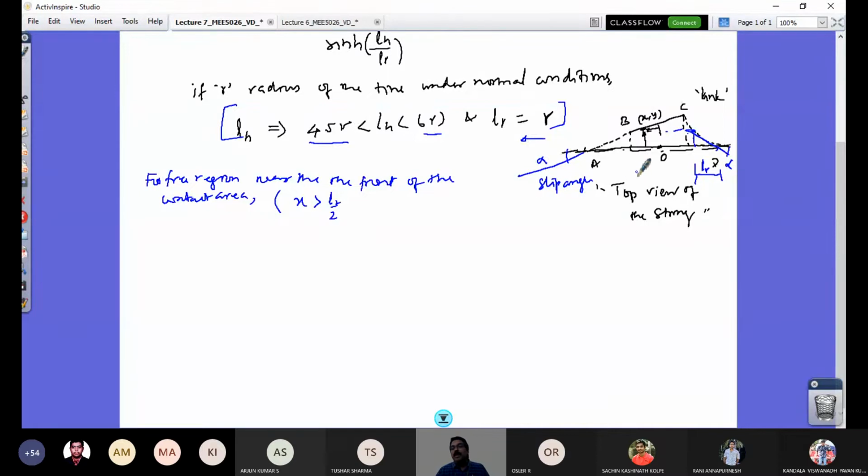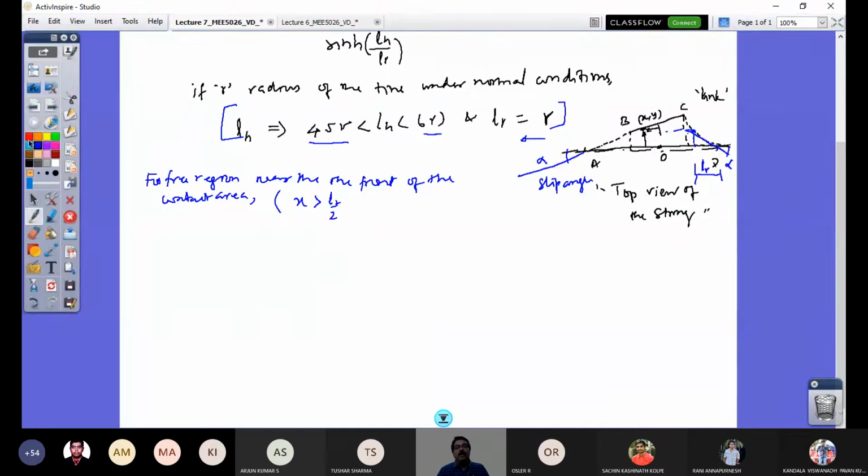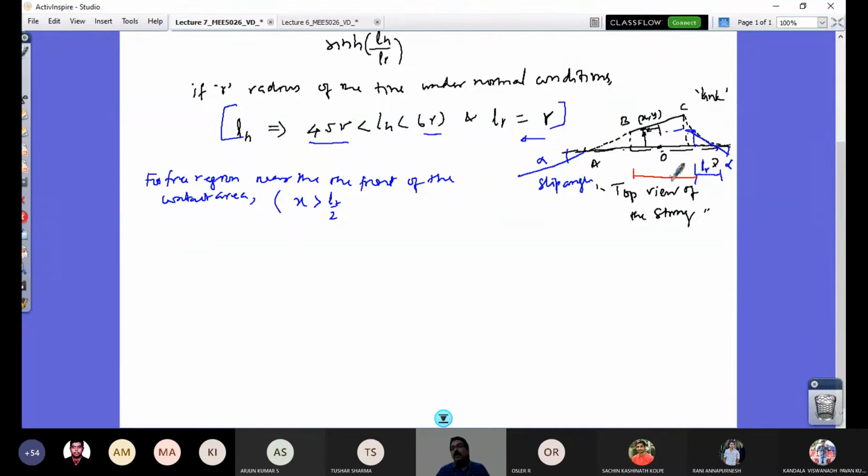So you know that this entire length here is expressed by LT by 2 and minus LT by 2. From here, absolute, this distance is LT by 2, with a minus sign on the other side because this is the origin. So I go in this direction positive, in this direction negative. So the total contact length is LT. If x value is slightly greater than LT by 2, that refers to this zone, AB zone.